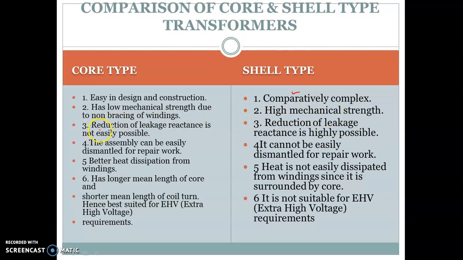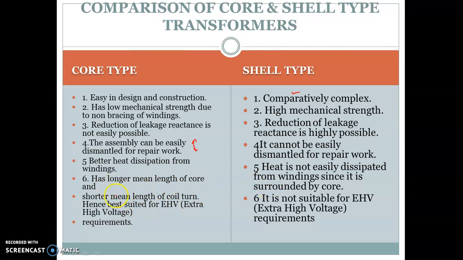In the core type, reduction of leakage reactance is not easily possible; in the shell type it is highly possible. The core type assembly can be dismantled easily for repair; the shell type cannot be easily dismantled for repair. The core type has better heat dissipation from the winding; in the shell type, heat is not easily dissipated from the winding since it is surrounded by the core.